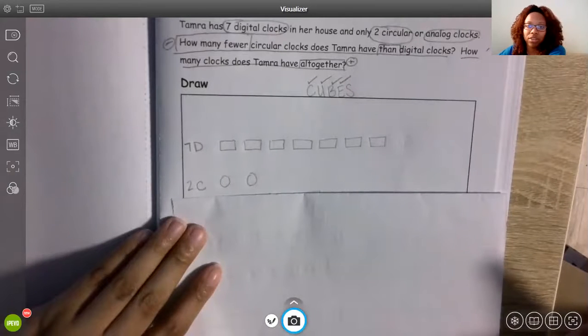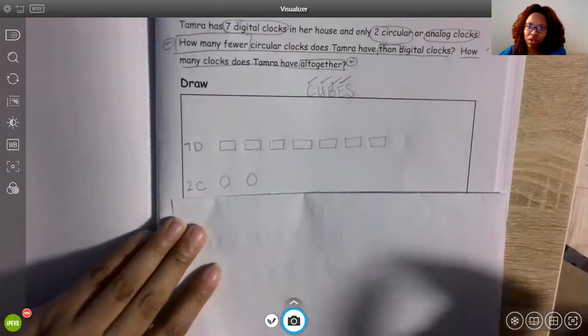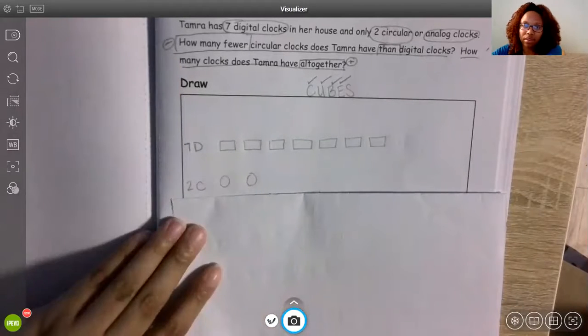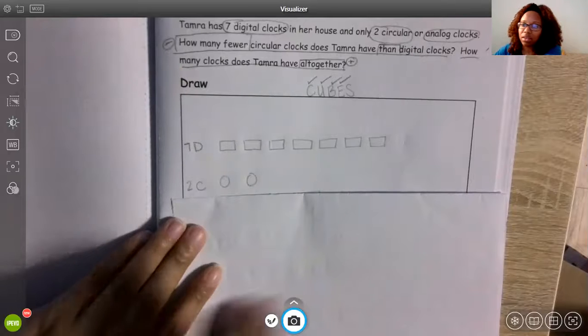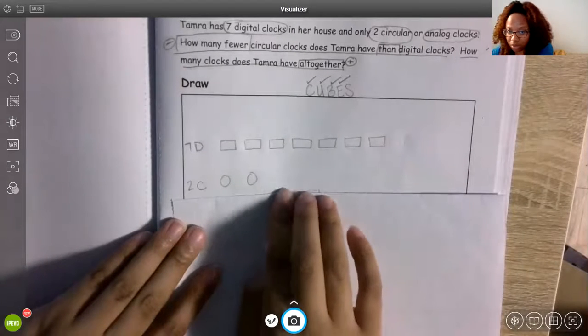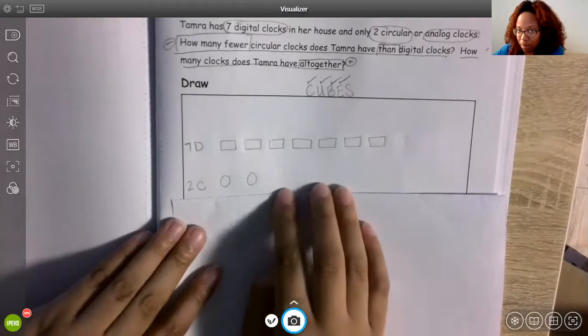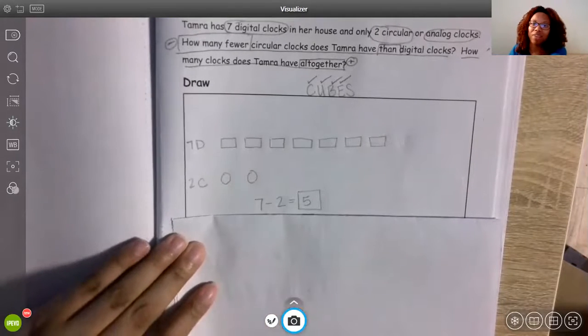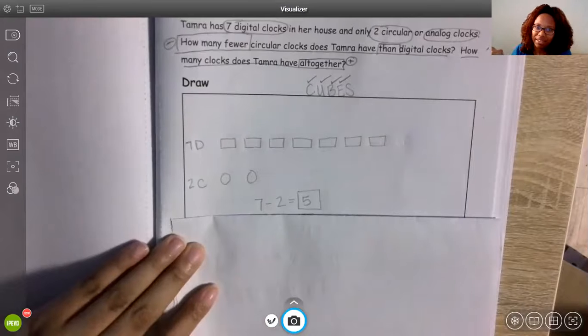Remember, for my first question, it says how many fewer circular clocks does Tamara have? So I wanted to subtract. So my first number sentence, what did you get? If you had 7 minus 2 equals 5, you are correct.